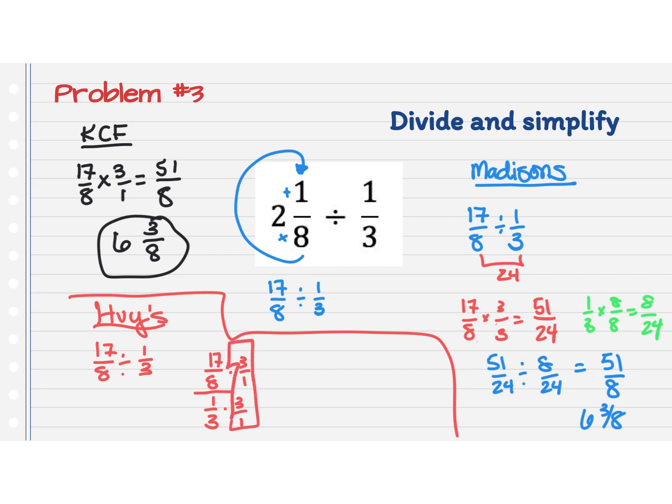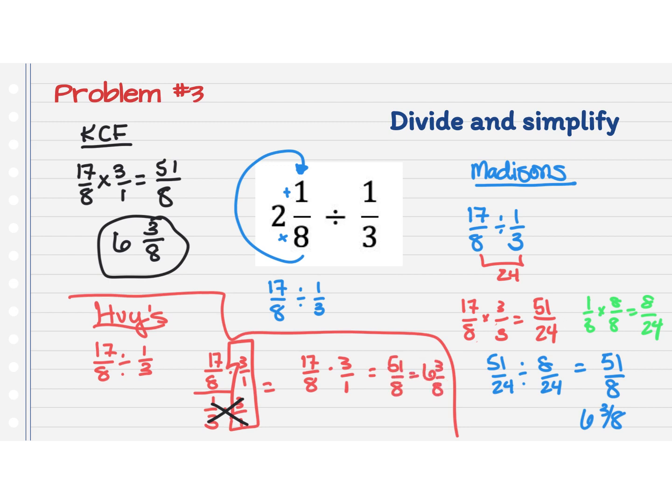A little messy. That means these go away, and I end up with 17 over 8 times 3 over 1, which you can see is where you end up after the keep change flip, just less work again. You end up with 51 over 8, which we know simplifies to 6 3/8.